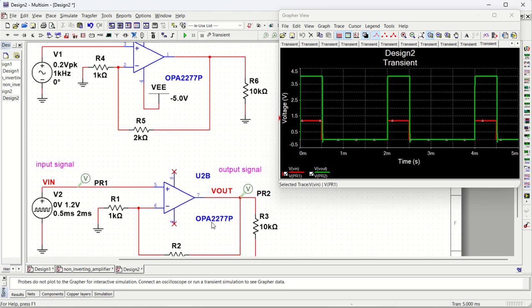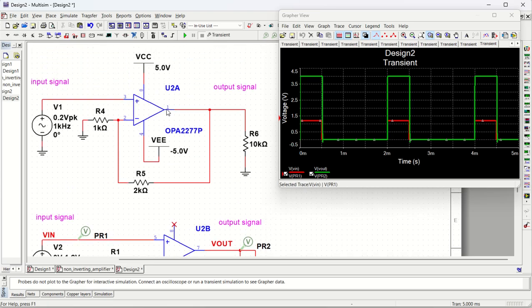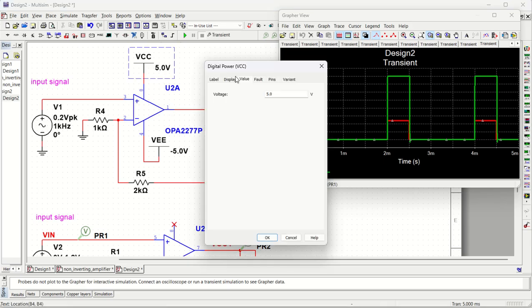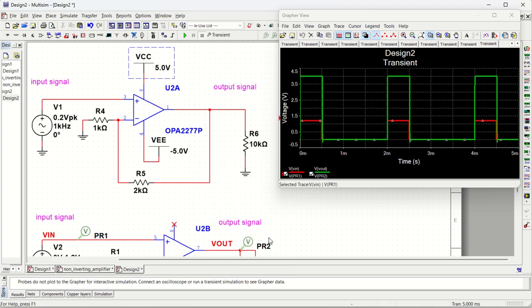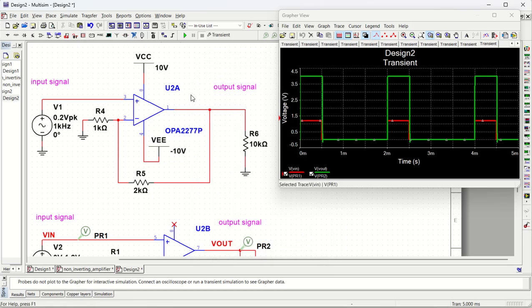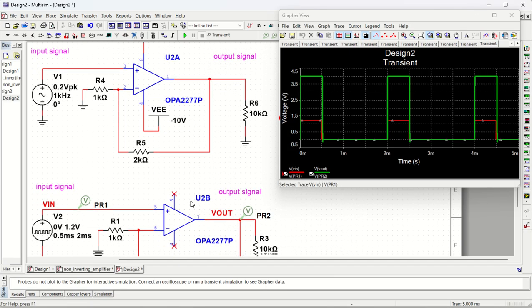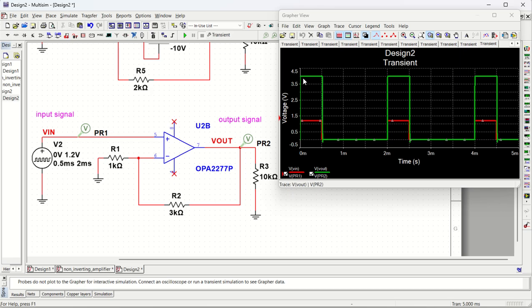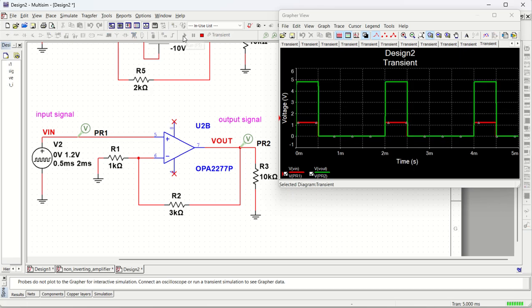So if you want to use this, you have to increase the supply voltage a little higher. So let us say I am going to change the supply voltage to 10 volt because it should not clip, right? And this will be, let us say, -10 volt. Now you run it, because it was going very close to 5 volt, that's the reason it was not giving you. So now if you run it, you can see it is 4.8 exactly.